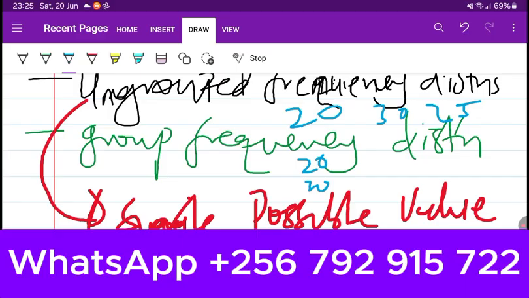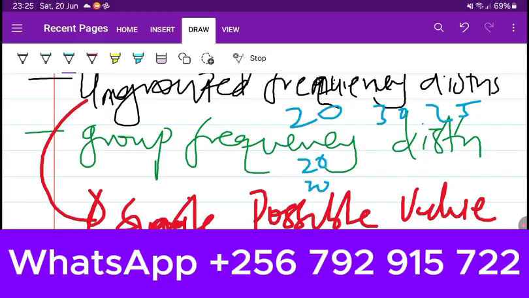We are going to look at an example. These possible values are the ones we are going to form into classes.